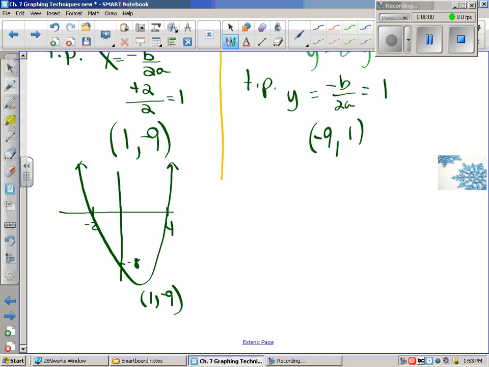Easy enough, right? You cross to that turning point, you get your y-intercept, it's all pretty easy. The graph here on the right, where it said x equals, instead would be, okay, negative 2 on the y, positive 4 on the y. It crosses on the x-axis at negative 8.